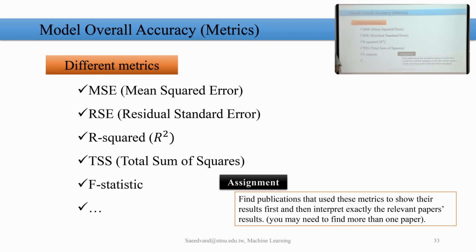Say, okay, this paper found that the F statistic is at this level, and it means this. R squared is at this level, the values reported for this model are like this, and what is it representing? They already discussed it too, but I want to make sure that you know what's happening and how you can read them.